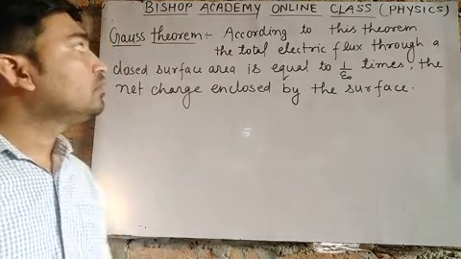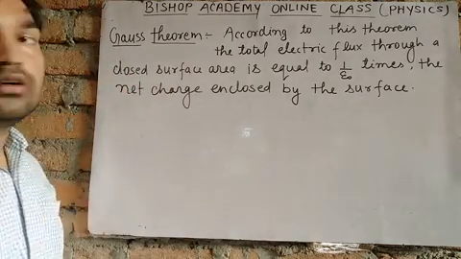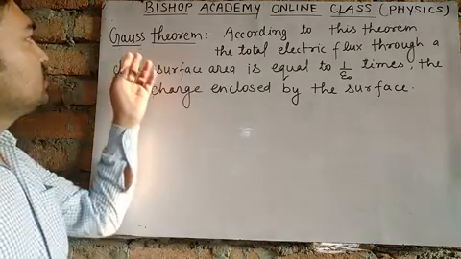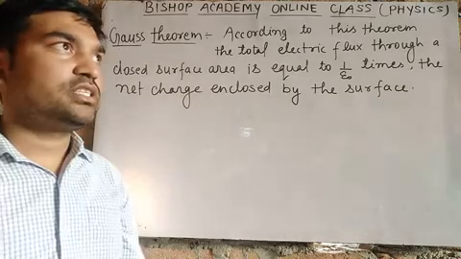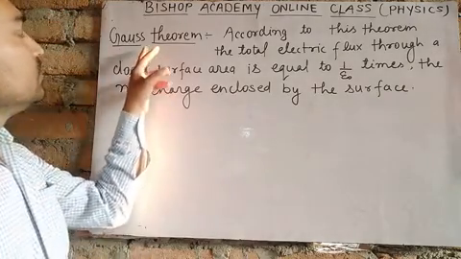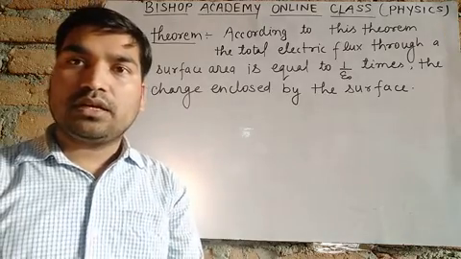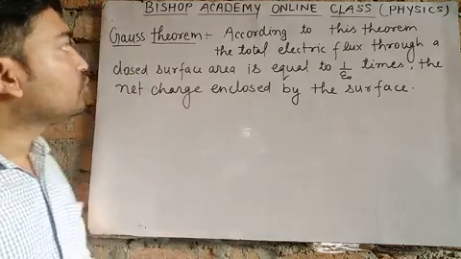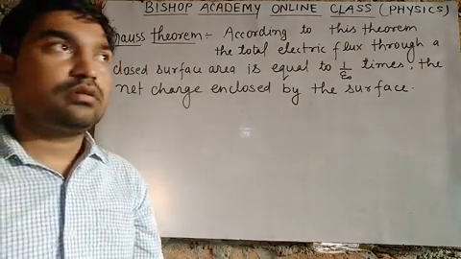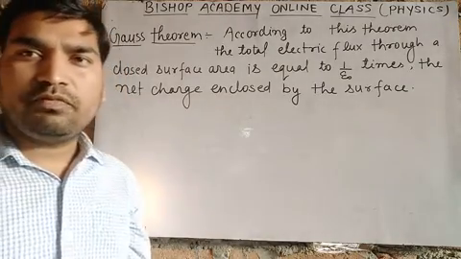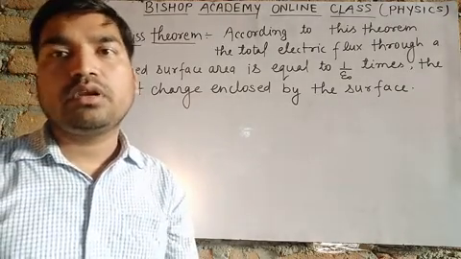Now we shall discuss Gauss theorem. It is the most important part of the first chapter. This theorem is the alternative of Coulomb's law. We can also find out electric field using Gauss theorem very easily as compared to Coulomb's law.